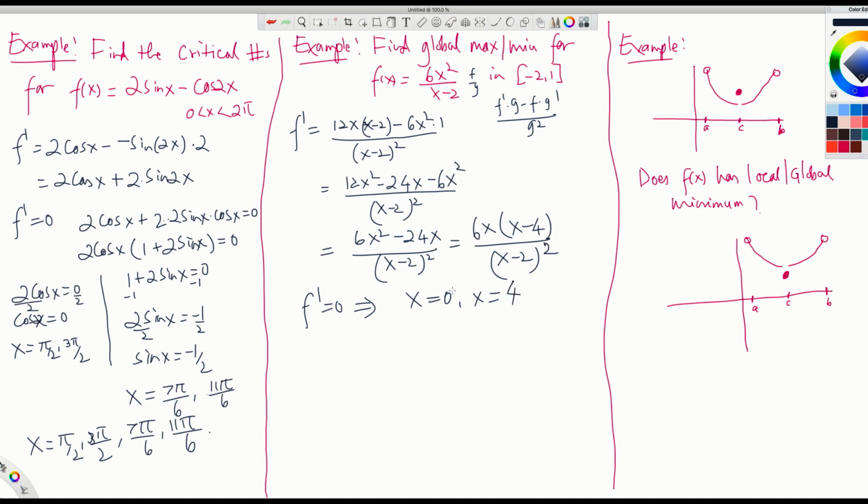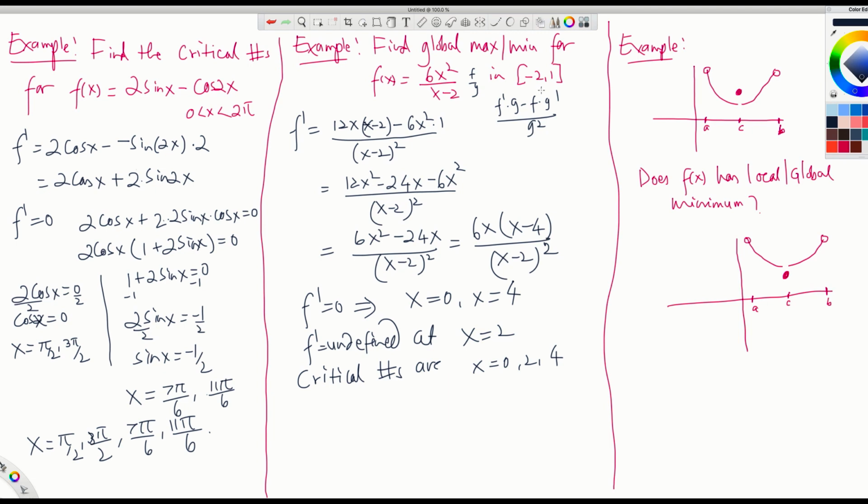And in the denominator, f prime is undefined for what values of x gives you the 0 in the denominator? x equals 2. So the critical numbers are x equals 0, 2 and 4.